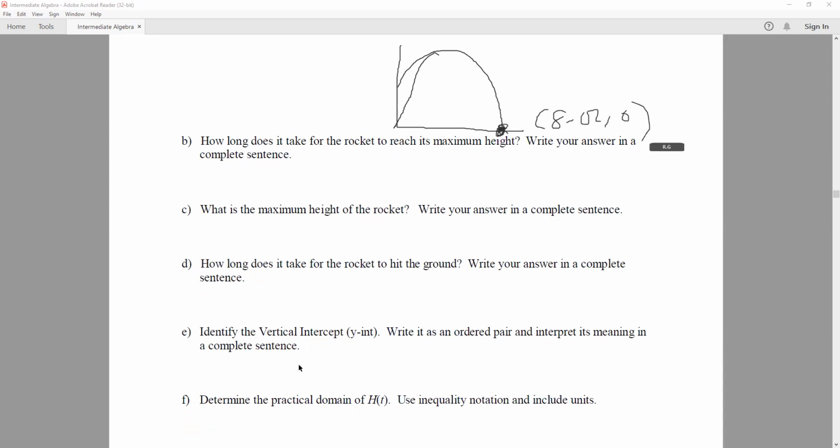So if you do all those calculations, it makes it easy for you. You don't have to calculate anything, okay? So how long did it take to hit the ground? It took 8.02 seconds for the rocket to hit the ground.